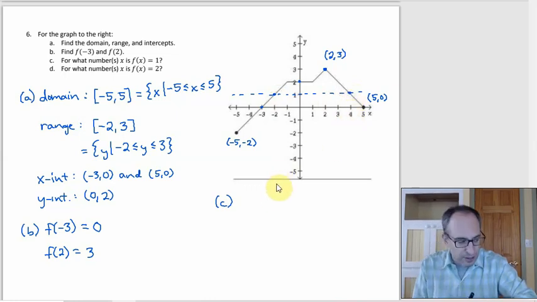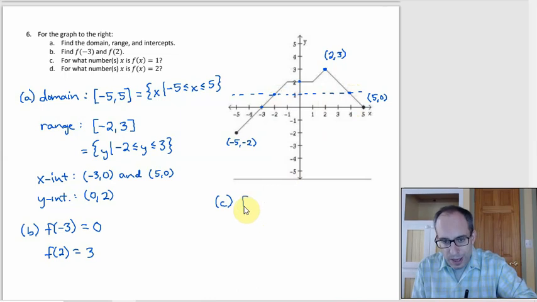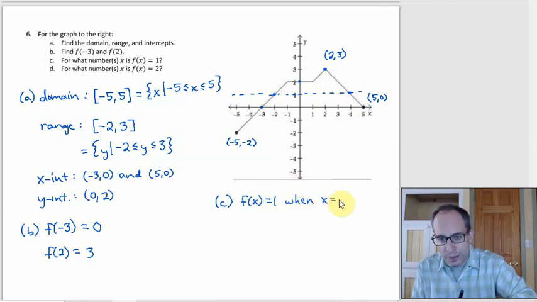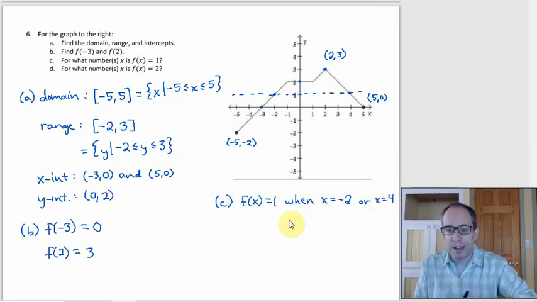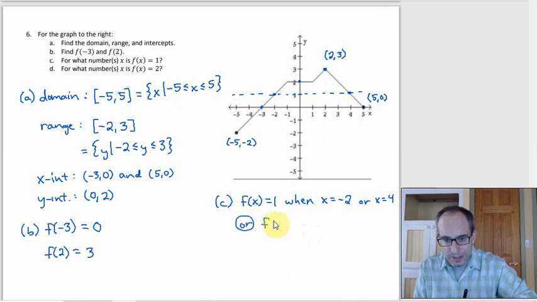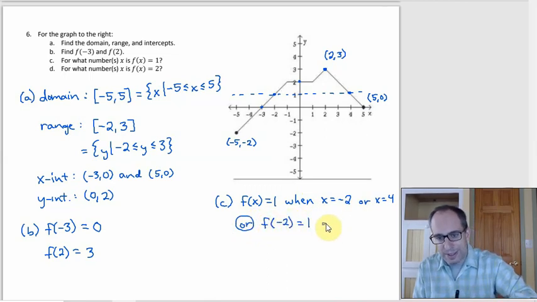So it looks like that f of x equals 1 when x equals negative 2 or x equals 4. Another way to look at this would be to phrase it this way, to say that f of negative 2 equals 1 and f of 4 equals 1.